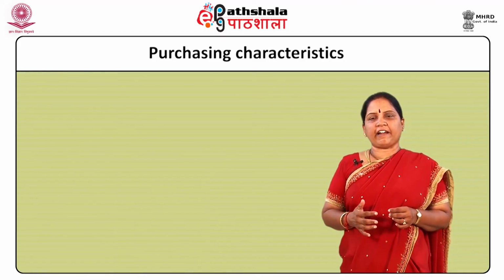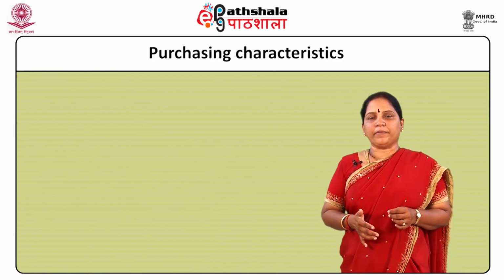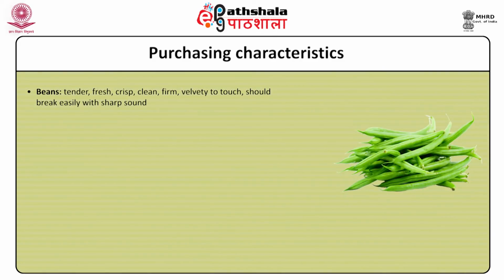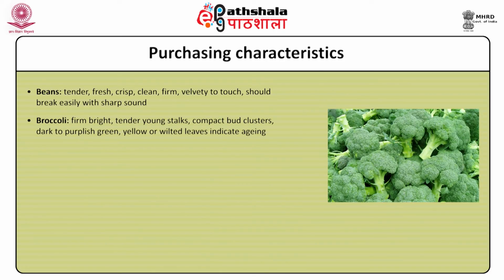The purchasing characteristics of some commonly used vegetables are: Beans, tender, fresh, crisp, clean, firm, velvety to touch, and should break easily with a sharp sound. Broccoli, firm, bright, tender young stalks, compact bud clusters, dark to purplish green; yellow or wilted leaves indicate aging.